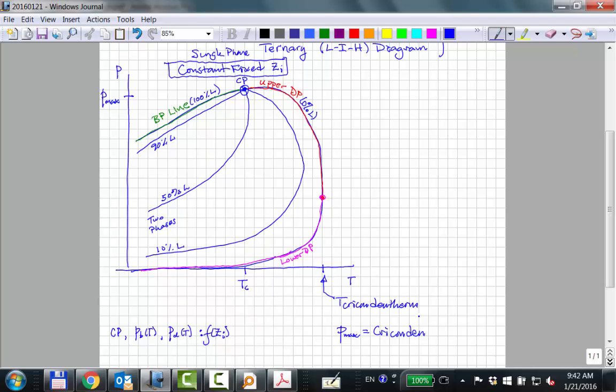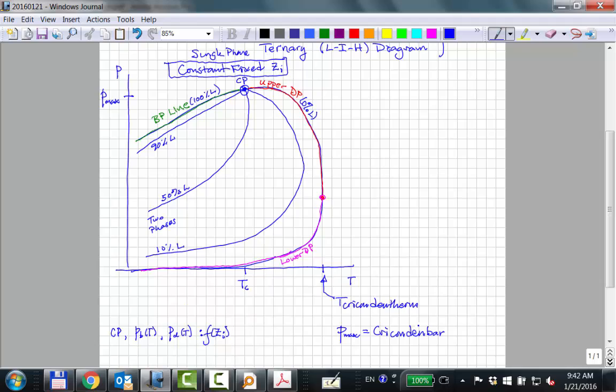Cricondon must mean maximum in some weird language. Does anybody know what cricondon comes from? Maybe Latin. Cricondon obviously means maximum. The maximum bar pressure.